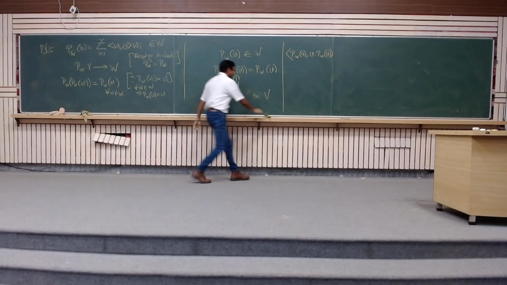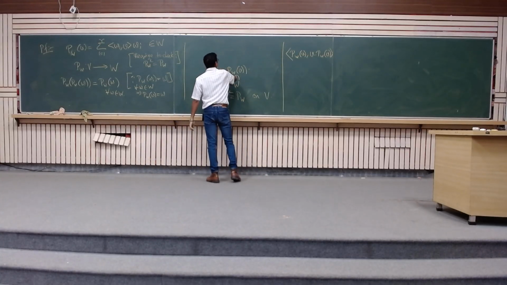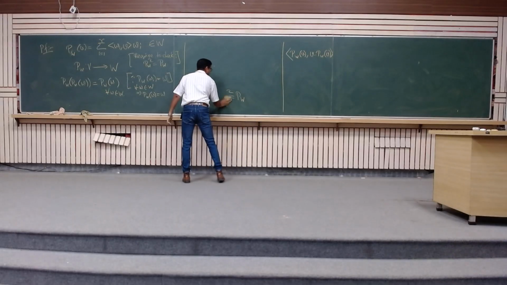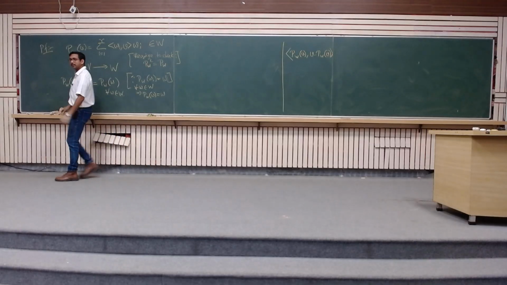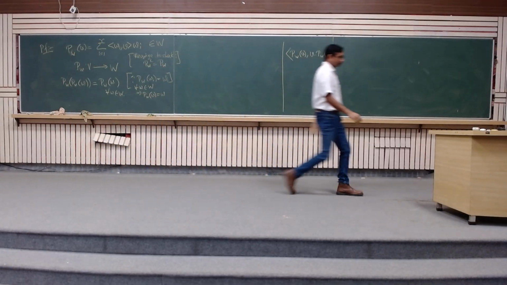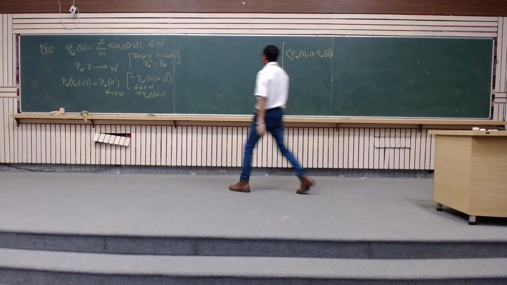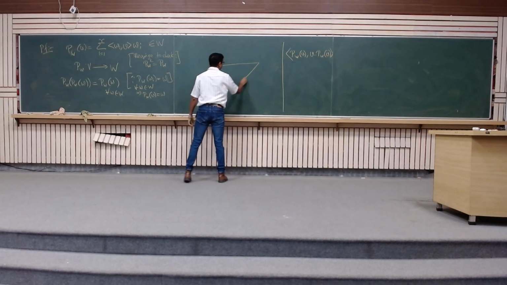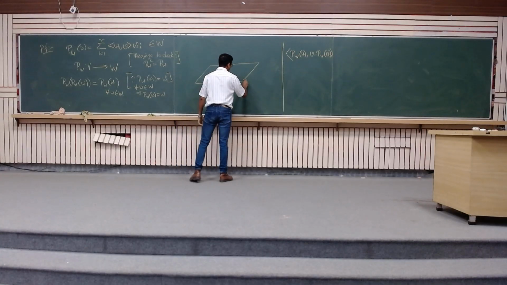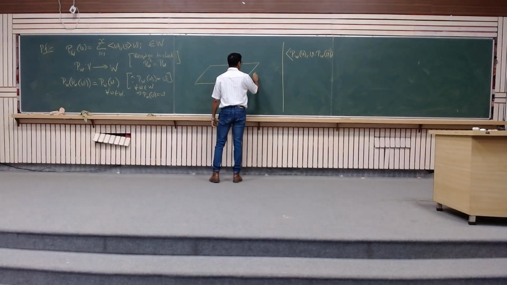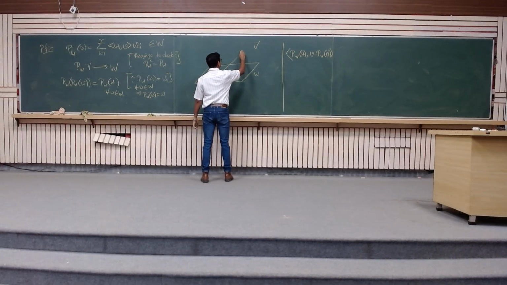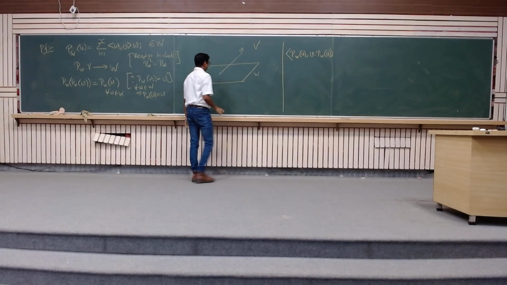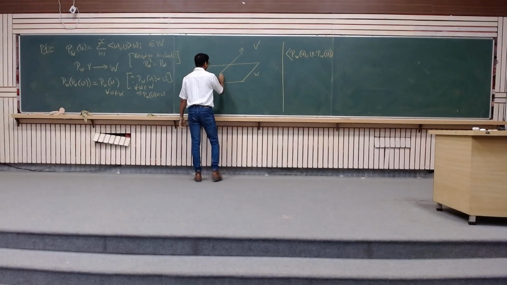Okay, let's at first take the picture, and perhaps that would be clearer. So this is say W, and your space is V. Suppose you have some vector v here, and then you are projecting it on this.